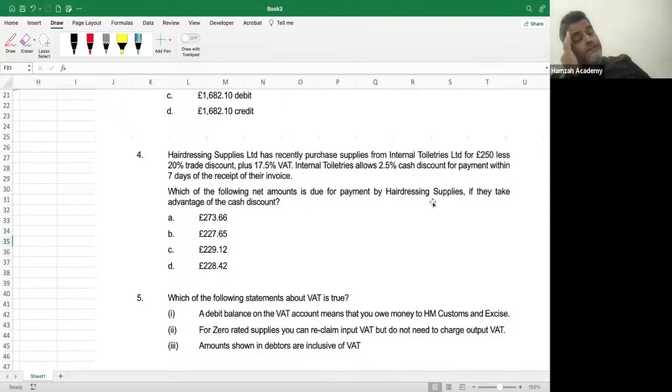Now remember this point and listen to it really carefully. The tax authority has simply created a rule.